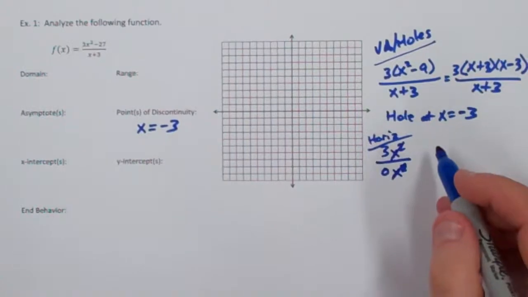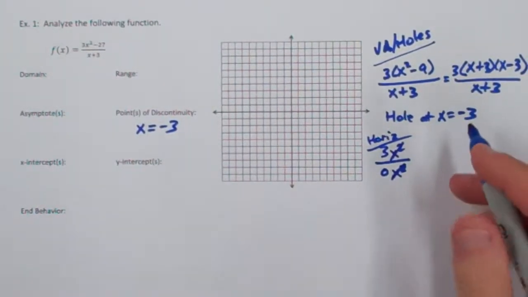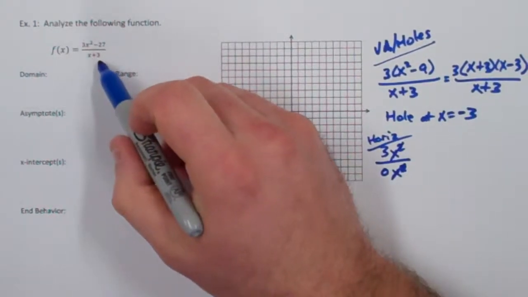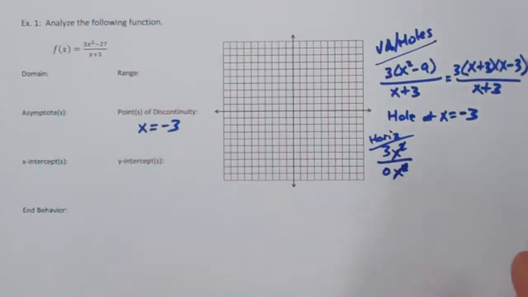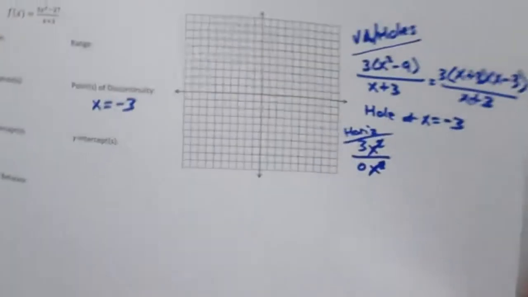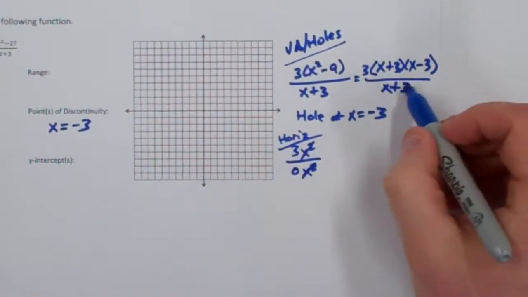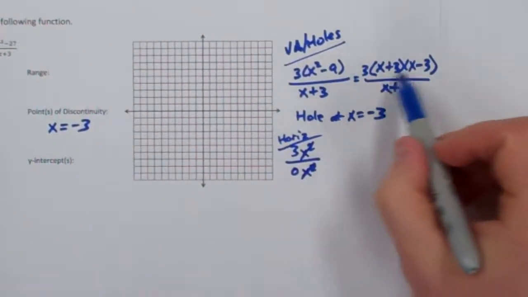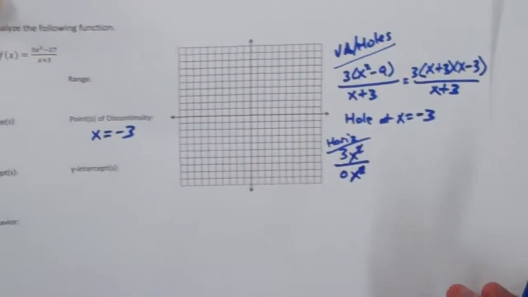This graph, we could find a slant asymptote. The slant asymptote would occur when we took 3x squared minus 27 and divided it by x plus 3. If we look at our work on the right hand side of the board, you can see that we would divide these out, and we'd be left with 3x minus 9, or 3 times in parentheses x minus 3.